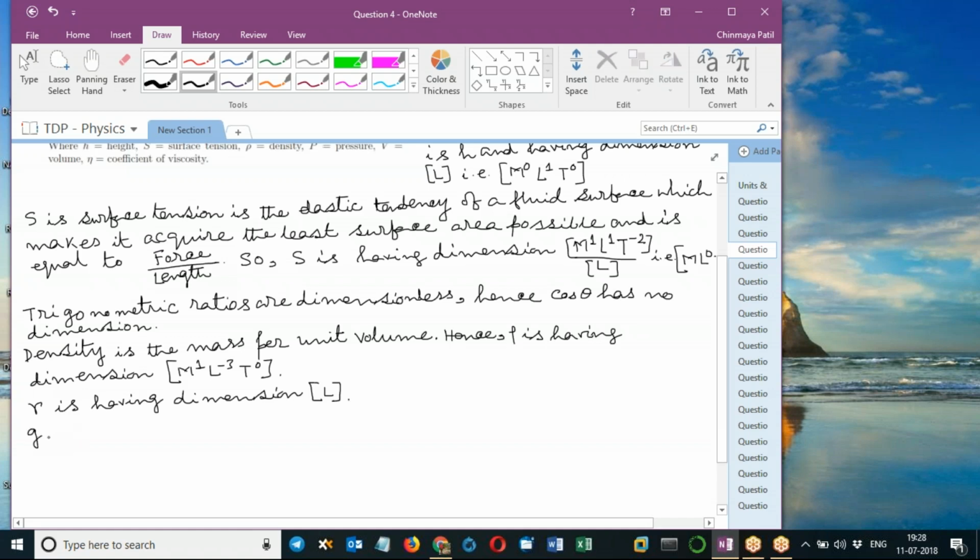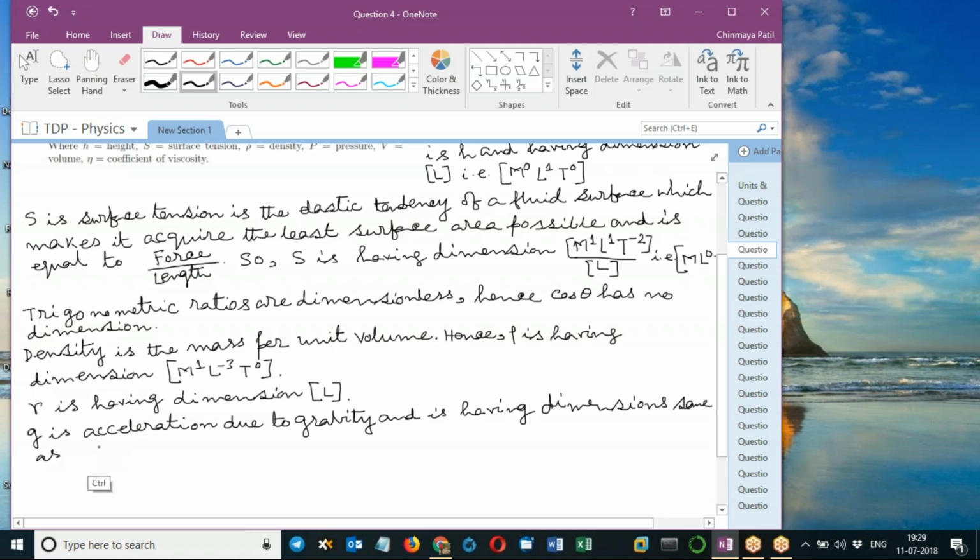Because g is acceleration due to gravity, so it will have the same dimension as acceleration.